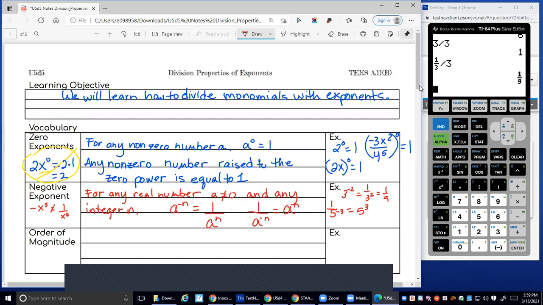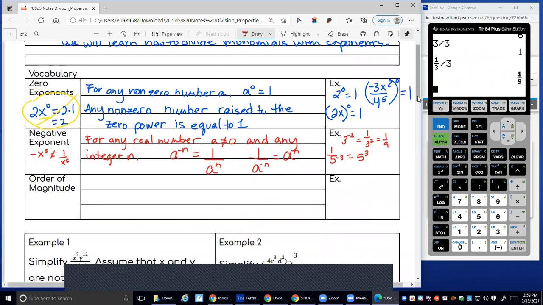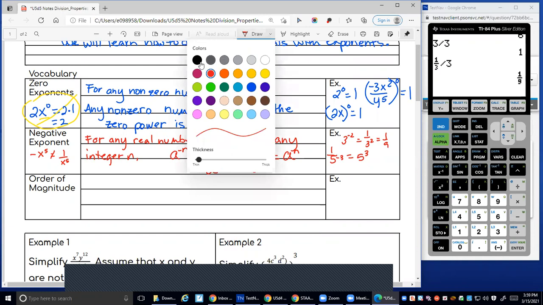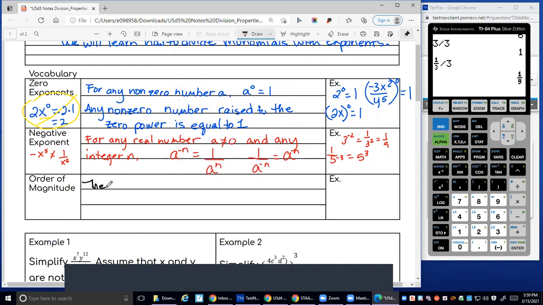And order of magnitude, I'll go ahead and write it down, but here we go. Just so you know, you'll have it officially if you need it. The order, that's an H, sorry about that.